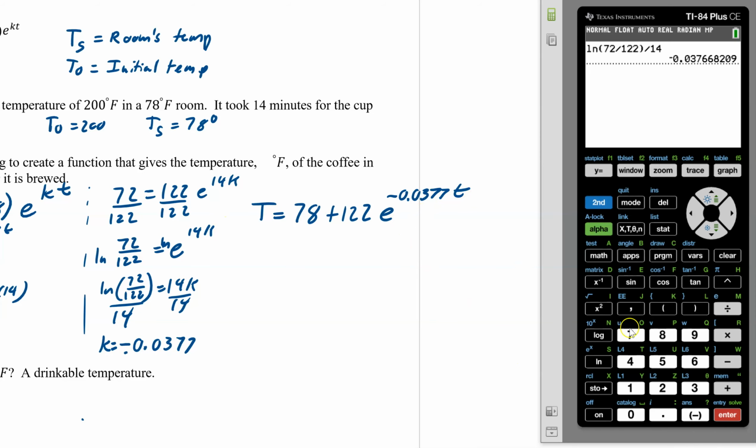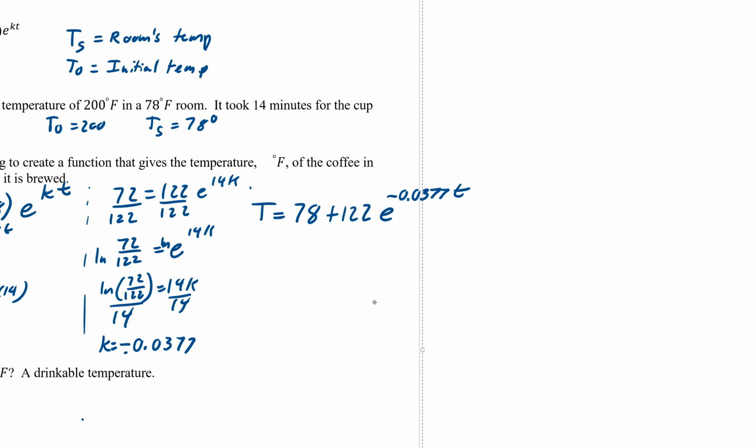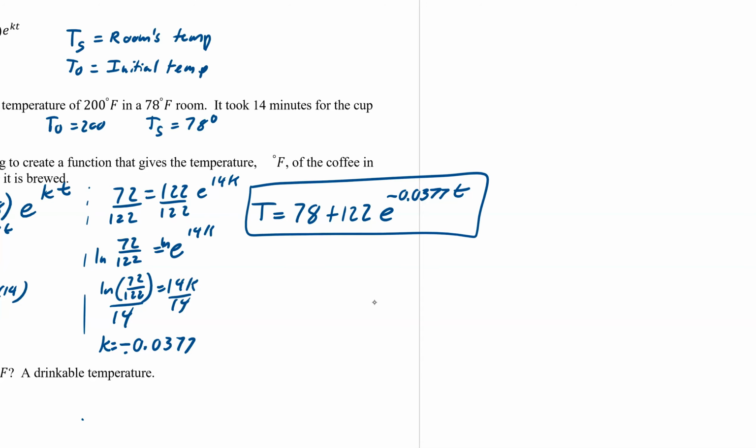So now let's make sure that it works the other way as well, as it's cooled. And you can see it came out negative. That's exactly what we wanted, because our temperature is decreasing. So now if we put in 14 minutes, we get 150 degrees. So it checks perfectly.